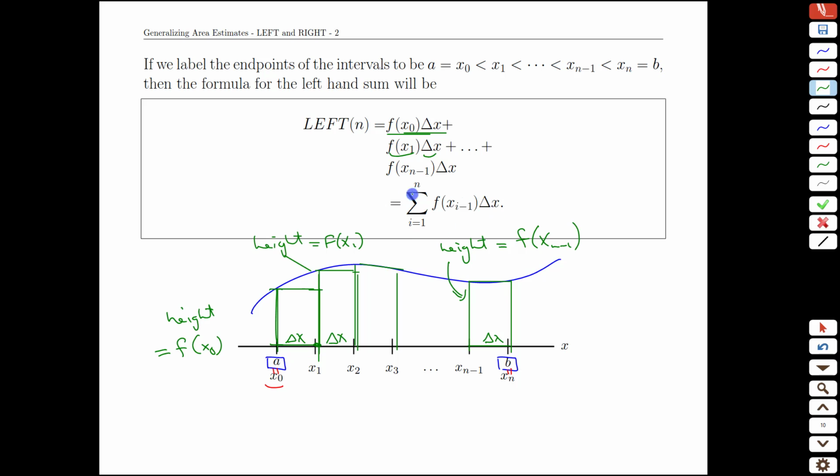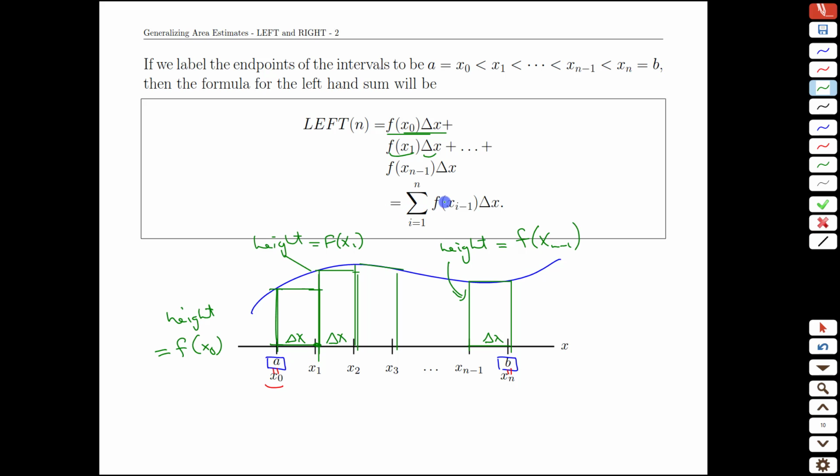For those who have seen summation notation, there's a very compact way to write this. We can see that there's a pattern of function at some x value times delta x, and those x values, the subscripts go 0, 1, 2, 3, 4, 5, all the way up to n minus 1. And this summation notation lets you write that out in a compact form. For those in computer science, you can think of this as a for loop.